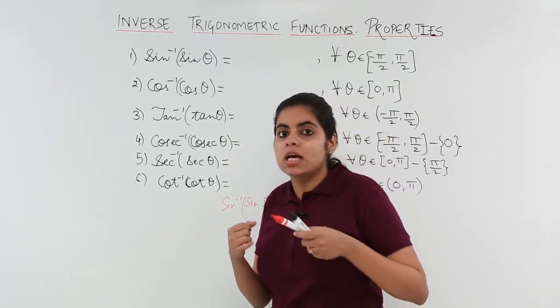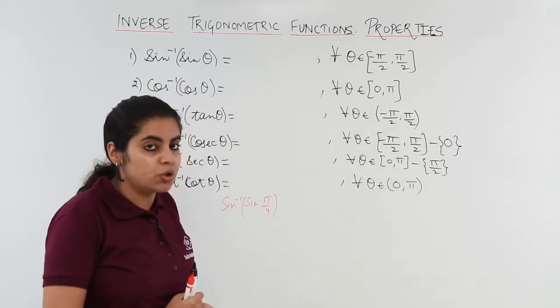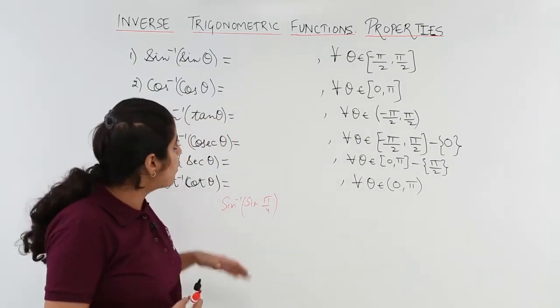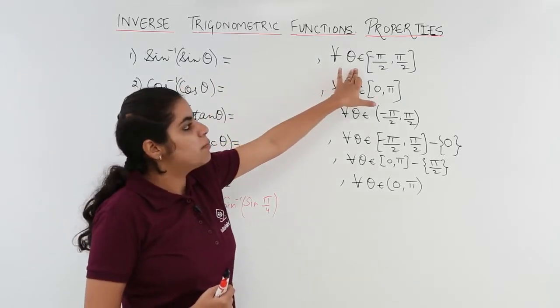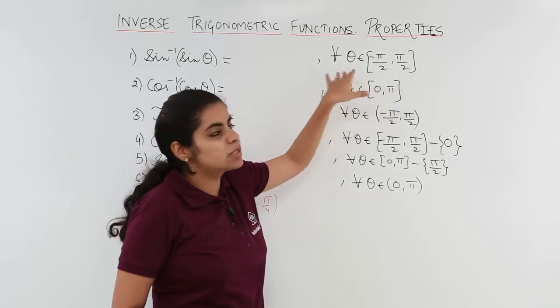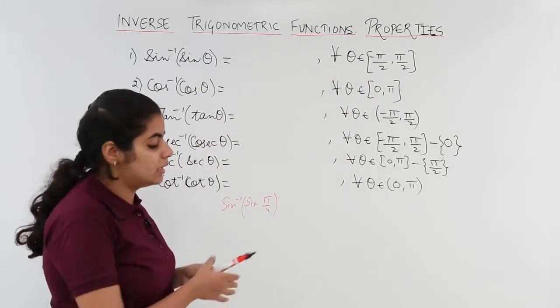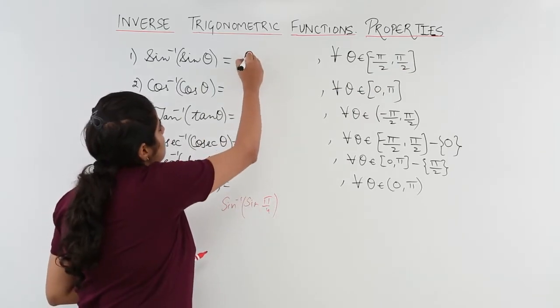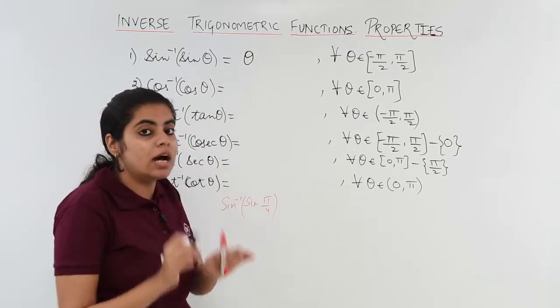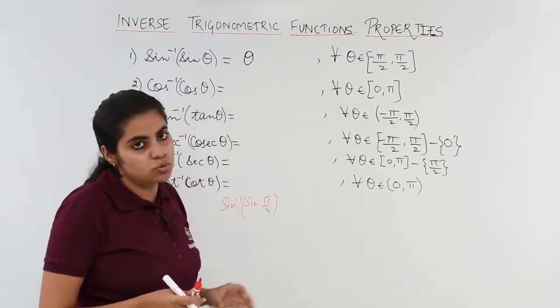It is known to me that the principal value branch of sine inverse is minus pi by 2 to pi by 2. So if my theta lies between minus pi by 2 to pi by 2, my sine inverse sine theta has the answer theta, if and only if the value lies between minus pi by 2 to pi by 2.